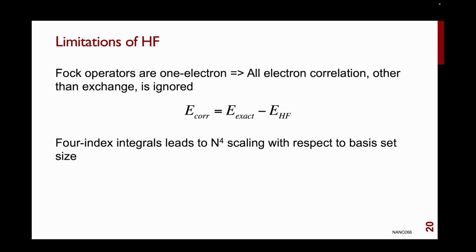What this simply means is that as your basis set increases, your calculation cost does not simply increase in a linear manner, but rather increases significantly in accordance with an n to the power 4 law. There are some algorithmic tricks that you can use to lower this scaling factor, but formally it is n to the power 4 scaling.